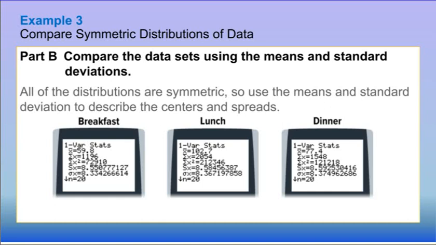Next, if you're comparing the data sets using the means and standard deviation, here you can see means and standard deviation. Means are always the first one, and then the standard deviation is the last one in all the categories. Then we're going to describe the centers and the spreads.